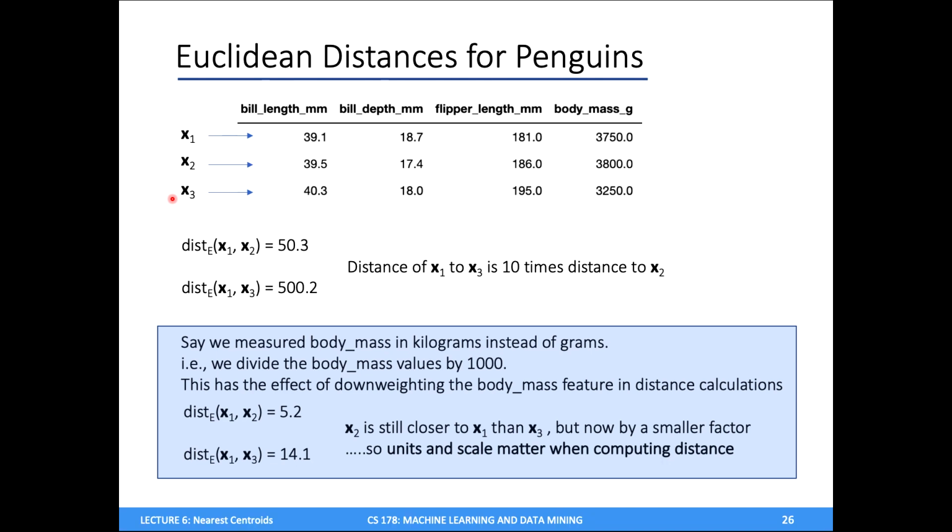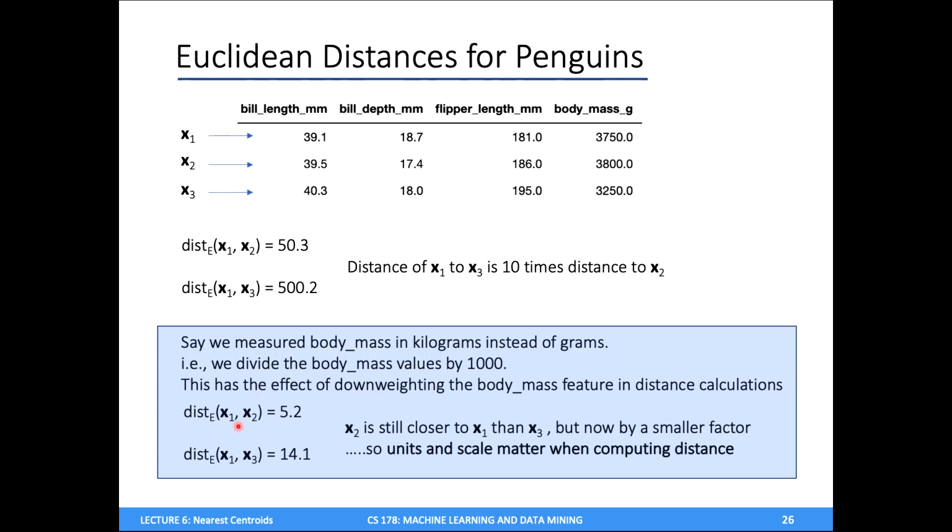But here I'd like to point out that the scale of our data, or the units of our data, is really going to have a significant effect on any distance calculations that we do. So, for example, notice that our body mass for our penguins is measured in grams in our data set. If we instead measure the body mass in, say, kilograms, so we divide every value in this column by 1,000, this is going to have a pretty big effect on the distances that we calculate between these feature vectors.